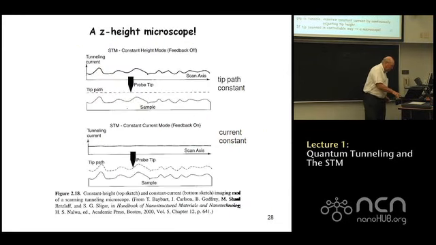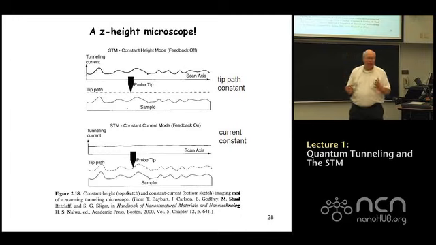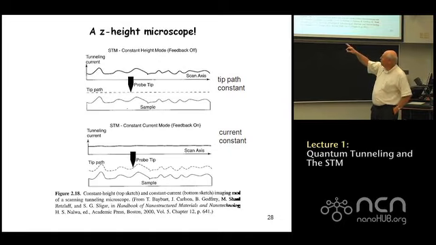And so I'll end the first lecture by just saying you can imagine using this technology, right, in two ways. One way is to keep the height of the tip constant as it scans across a sample. That's in the upper panel of this slide.